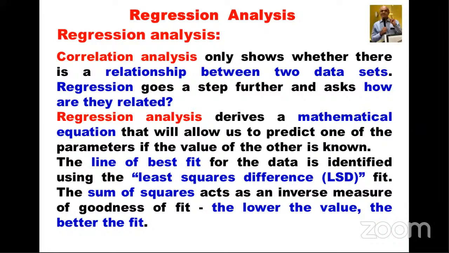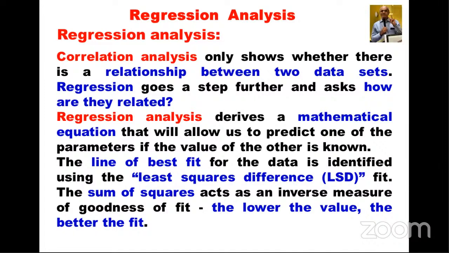It derives a mathematical equation which allows us to predict one variable at different values of the other. From the equation, if we put different values of x, we will get the value of y.